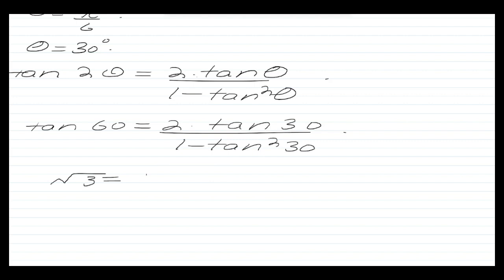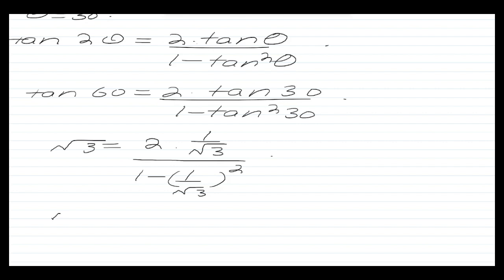And that will be equal to 2 being multiplied with the tan of 30. So what is tan of 30? That is 1 over under root 3. And now this will be divided with 1 minus 1 over under root 3 whole square. Why? Because we took the tan of 30, then we applied whole square on it.